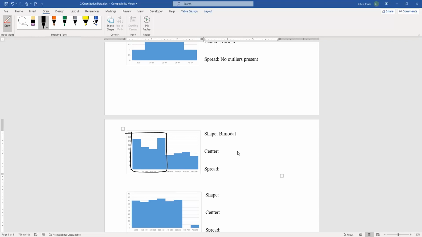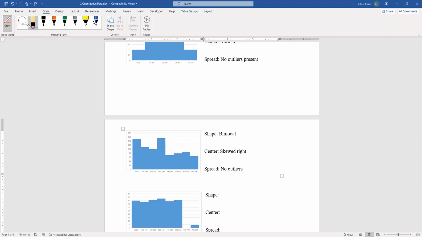Since there's more data on the left, remember it's backwards, we're going to say that this graph is skewed to the right. And once again, there are no outliers. In the last example, I'll show you how to identify an outlier. Hopefully that helps you understand that.